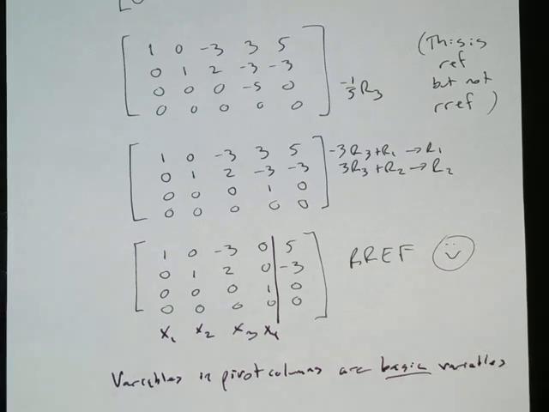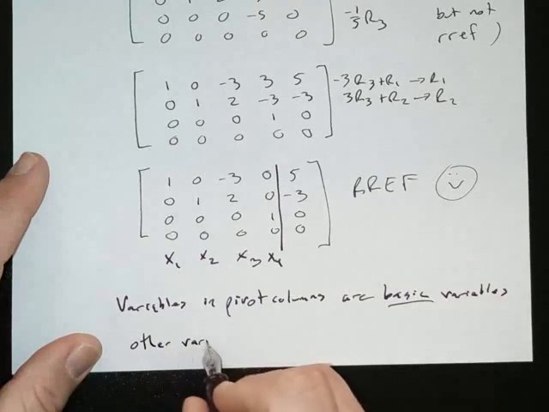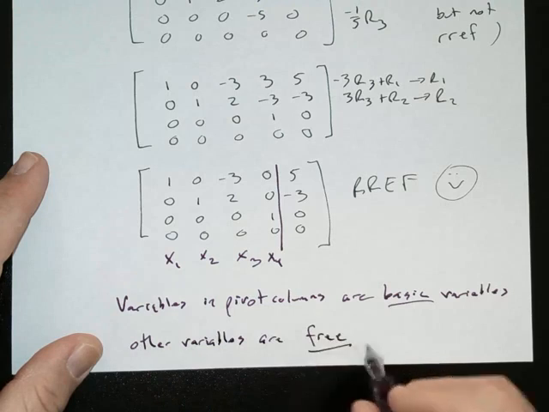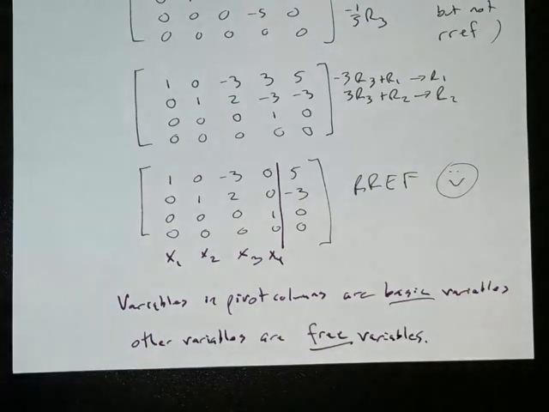And the other ones, any variable in a column that does not contain a pivot, is called a free variable. Some textbooks and some internet sources, instead of using the phrase basic variables, use leading variables. Well, that makes sense. Those are the leading entries in our rows, right? I'll buy that.